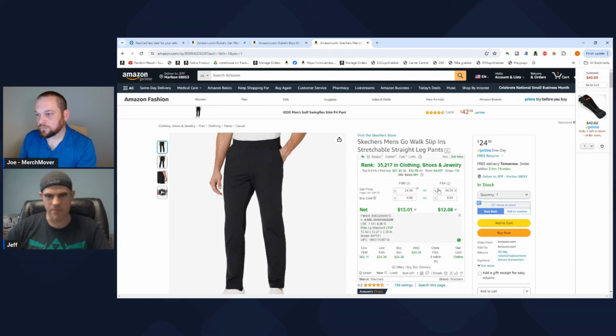Like, you're going to get returns with this. There's no doubt about it. My return rate around clothes is 8 to 15%. And I would estimate that this would be one of those items that would fall in that realm. So if you order 3 of these, you probably have a 30% chance of at least one of those returning.